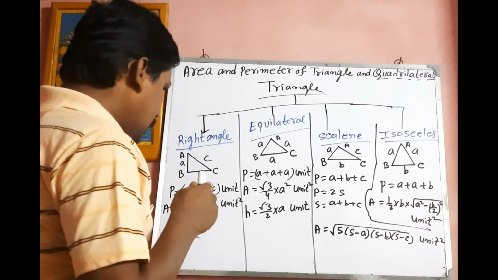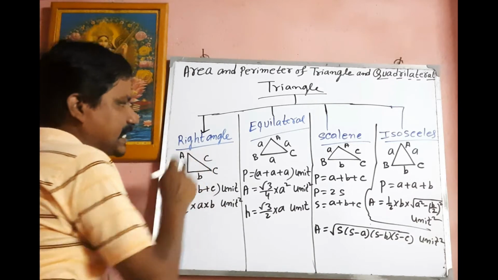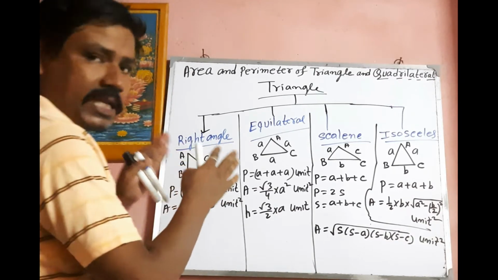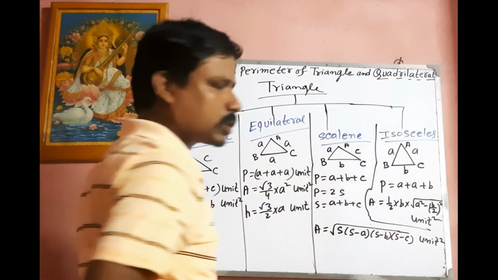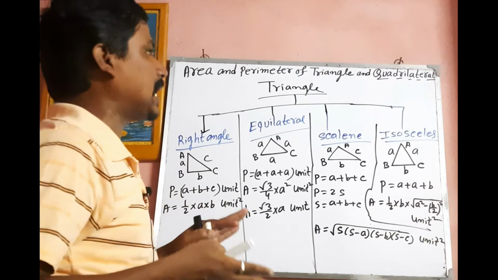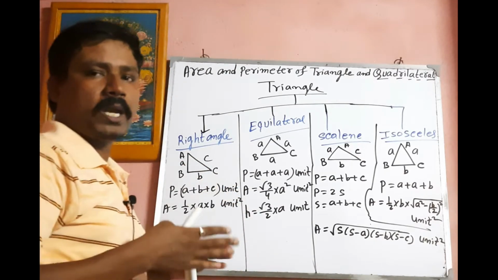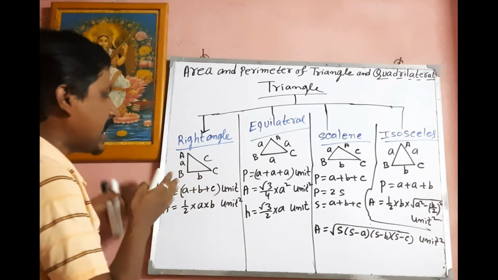First is right angle triangles, second is equilateral triangles, third is scalene triangles, and fourth is isosceles triangles. So in these four types of triangles, their area and the perimeter will be discussed today. We are starting from the right angle triangles.